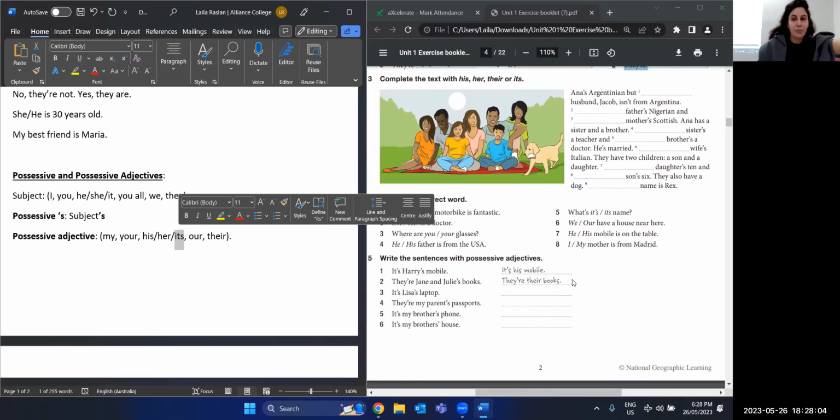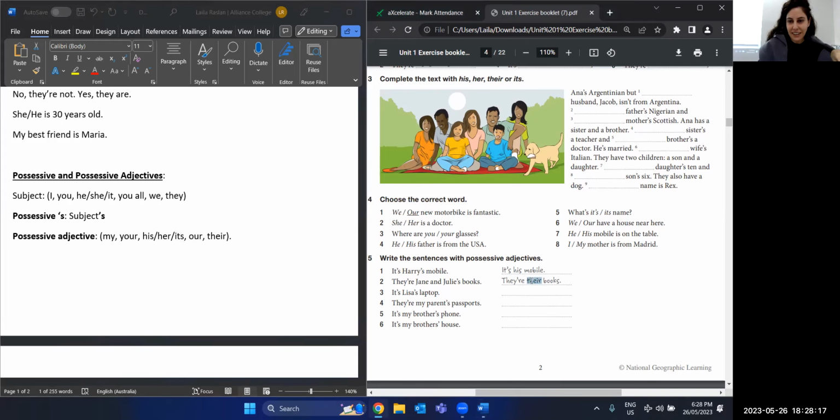They're their books. Can you hear the difference? No? You put this, so underline this word. That's where you make it sound different. Here. I think I can double click. Yes. So they're their books. They're their books.